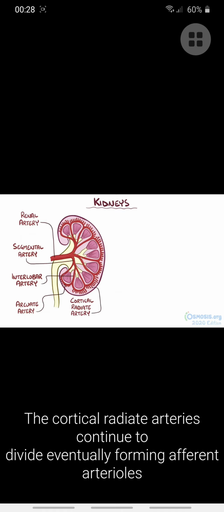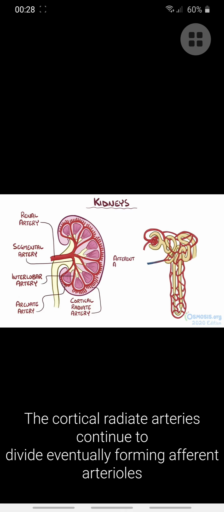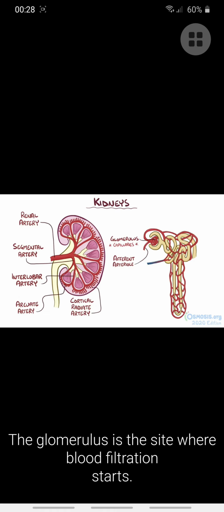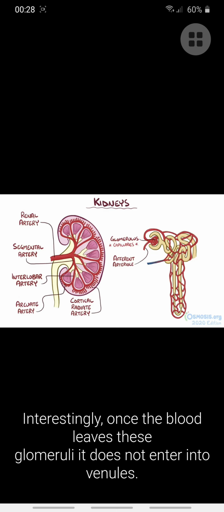The cortical radiate arteries continue to divide, eventually forming afferent arterioles that split into a tiny bundle of capillaries called the glomerulus. The glomerulus is the site where blood filtration starts.